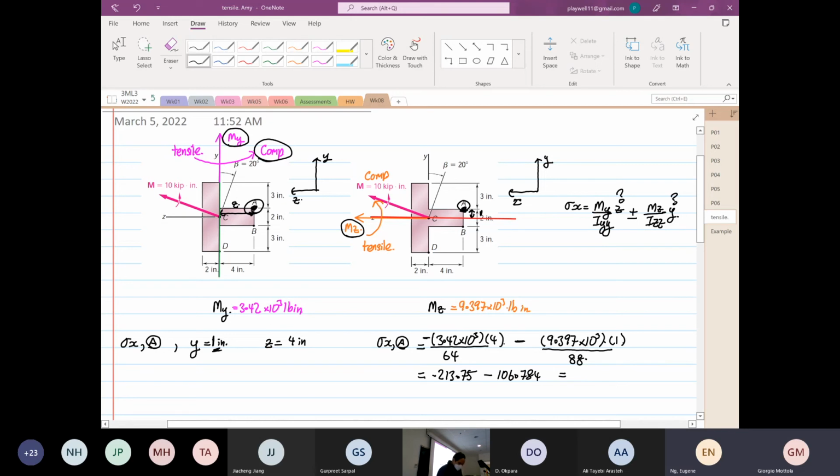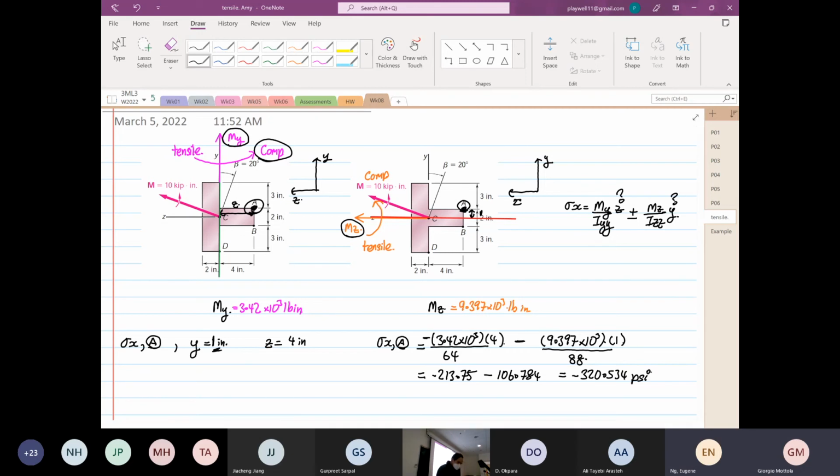So this will be equal to 213.75 minus 106.784, equal to minus 320.534 psi. Okay, so you have to get your distance right.